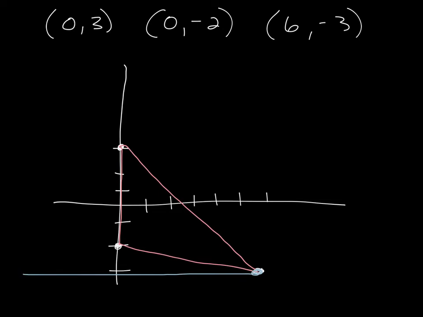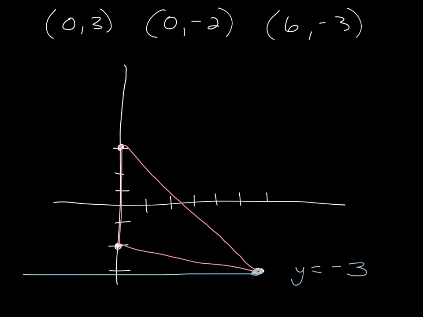Which is going to have the equation y equals, right? What is the y value of this point down here? So y equals negative 3. Very good. So now I have one of the equations of my altitudes.